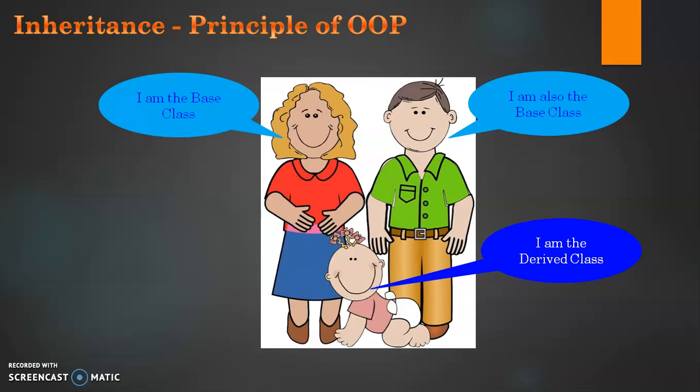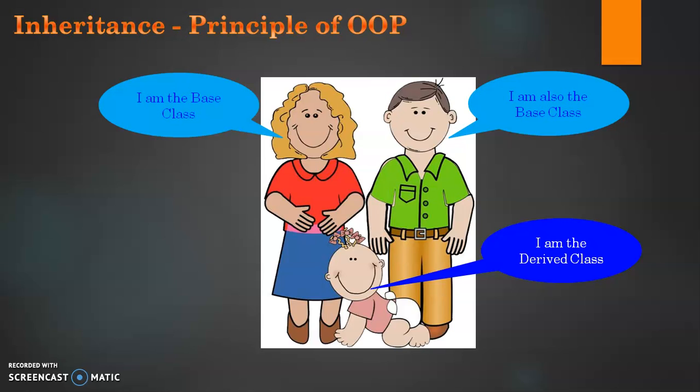The child shares the characteristics of their parents. In the same way, in the programming world, sometimes we may need to create multiple classes to meet our need. Under such circumstances, it may happen that some of the features of one class are shared by another class.